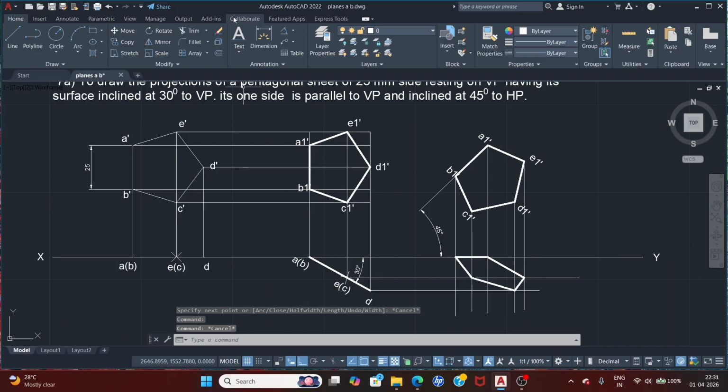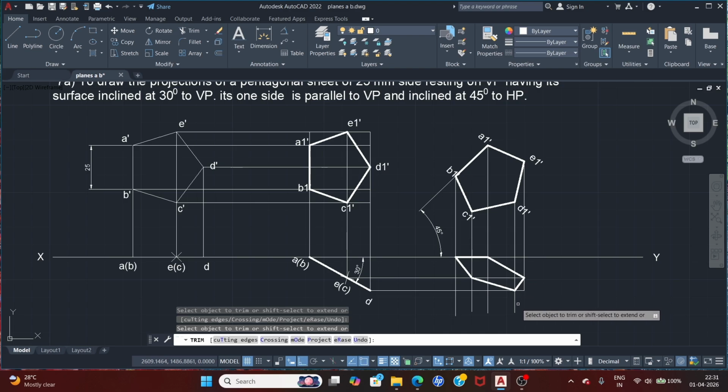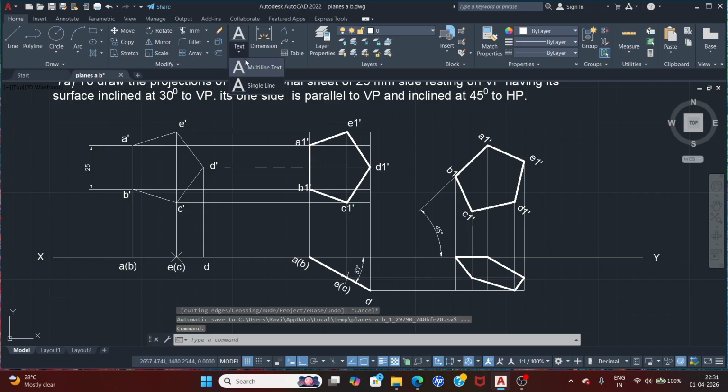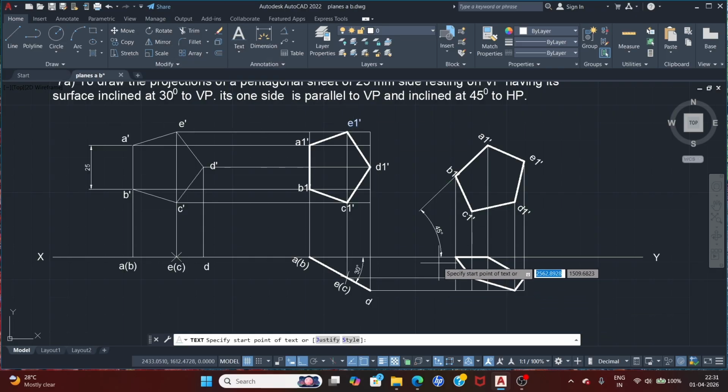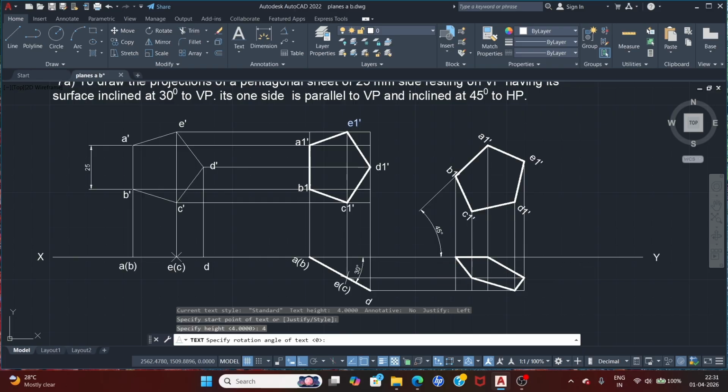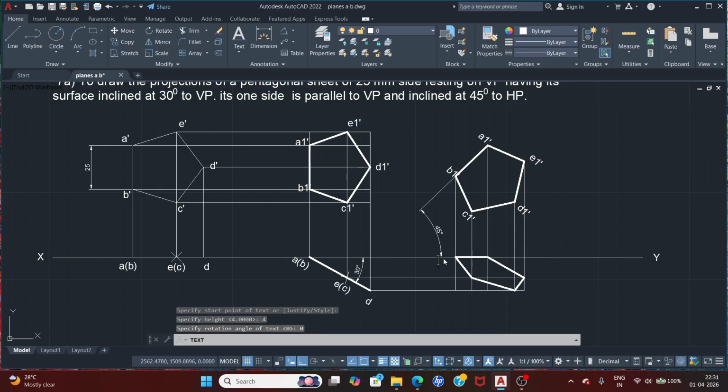Okay. And remove the excess portion like this. This is the process. And give the text. So already B1 A1 was completed. So I am giving different letters.